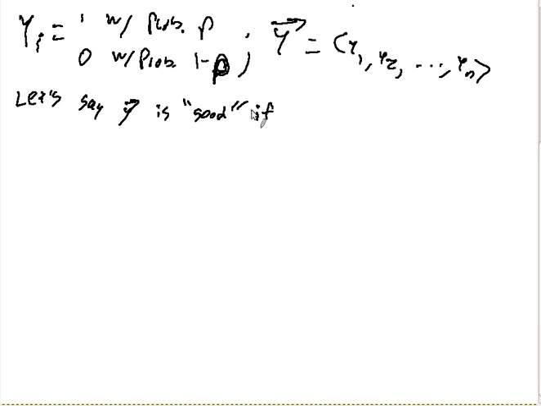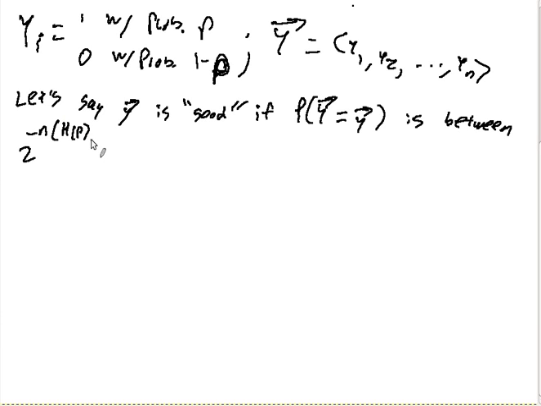Let's say string little y is good if the probability that big Y equals little y is between 2 to the negative n, where n is the number of bits in big Y, times h of p, by which I mean p times log p plus 1 minus p times log 1 minus p, and my logs here are all base 2, plus epsilon and 2 to the negative n h of p minus epsilon.